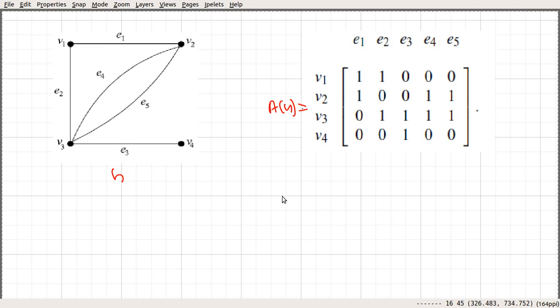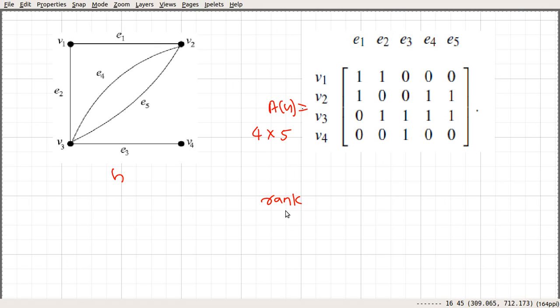Here we have 4 vertices and 5 edges, so the order of this matrix is 4 by 5, where 4 is the number of vertices and 5 is the number of edges.